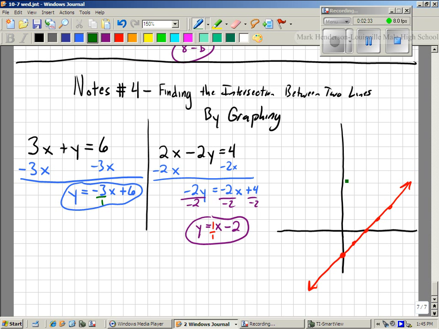We go up 6, and from there we go down 3 to the right 1. See, this is one of the big reasons why I've been making you all do 2 spots or 3 spots, because look, you see that this one actually hits right on top of the other one, right? At a very specific point. 2, 0. So that is where they intersect.